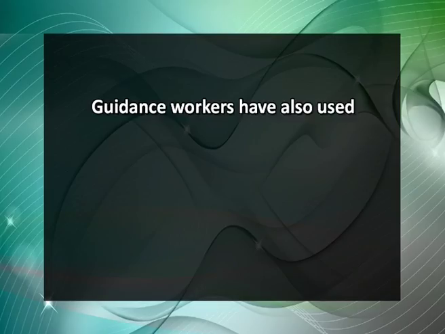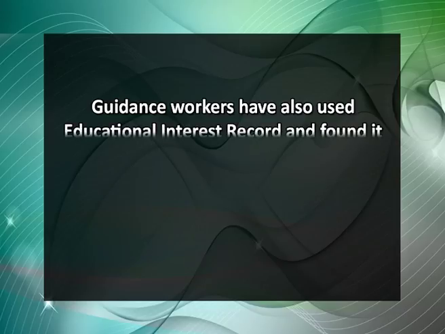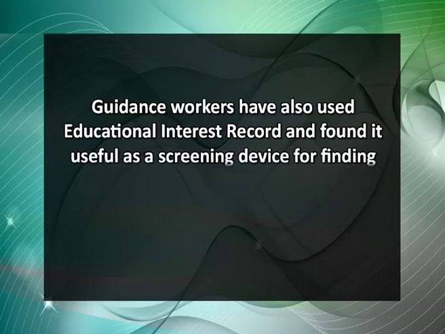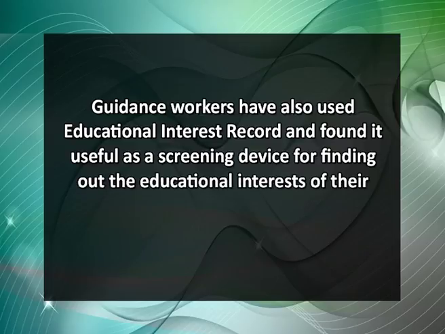This record has been consistently in use in various research studies, research projects and also proved easy and beneficial for the students of testing, particularly at graduate and postgraduate levels of many universities in psychology and education subjects. Guidance workers have also used it and found it useful as a screening device for finding out the educational interests of their clients.